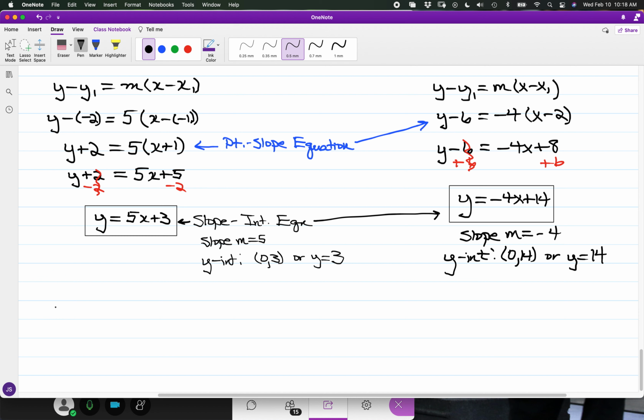Now, if we have a case where the line runs through, and we'll say that we have our ordered pairs (0, 6) and (2, 12).